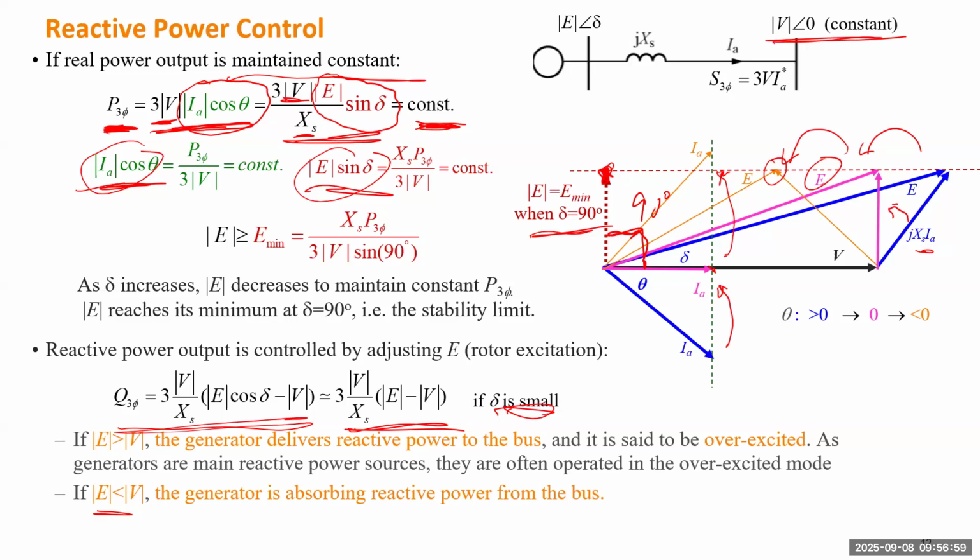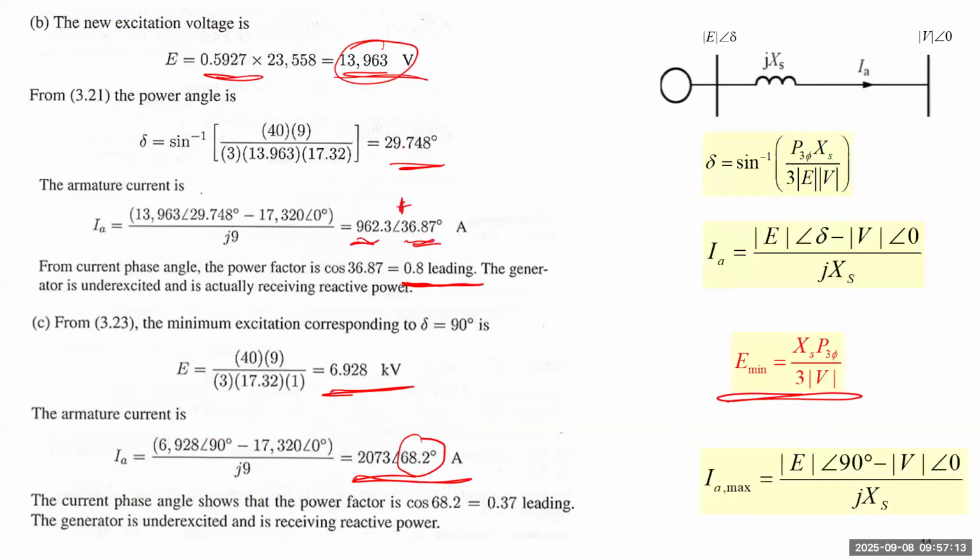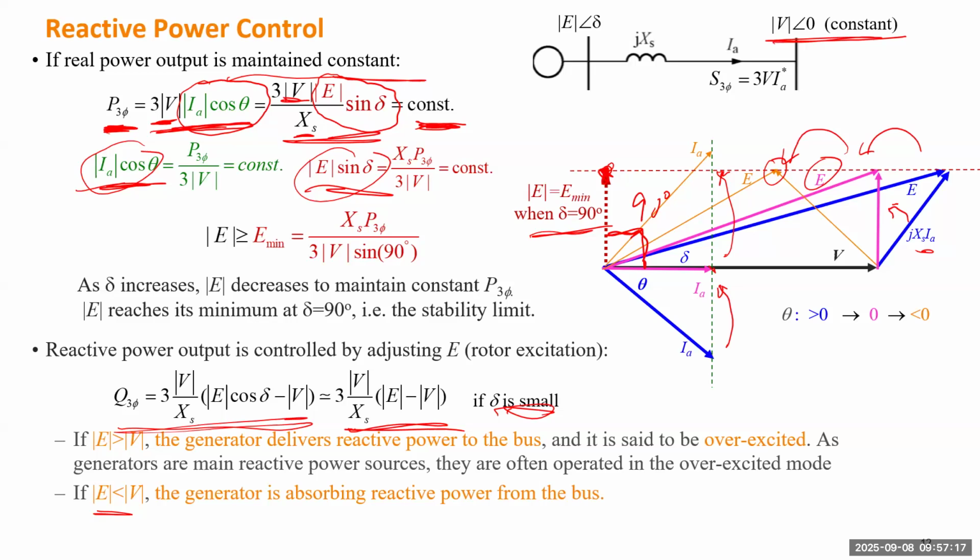In that example, the theta will become a positive angle, which means you move the current up to about this point. The answer is 68 degrees. So if we utilize this phasor diagram to draw it, it will be roughly here.